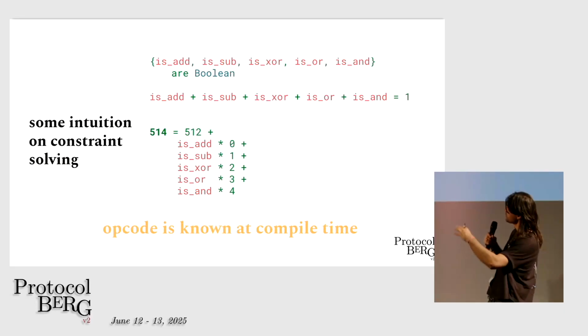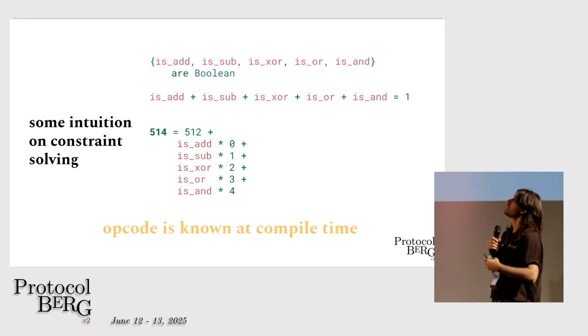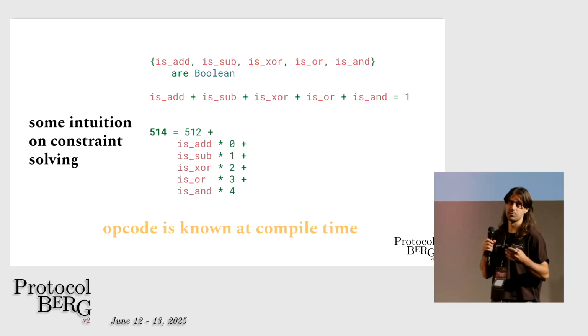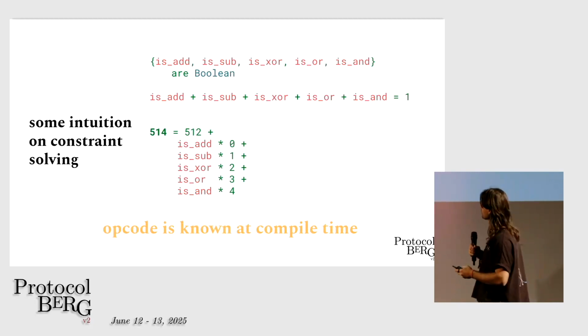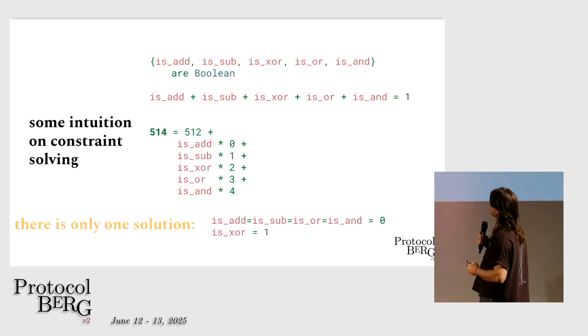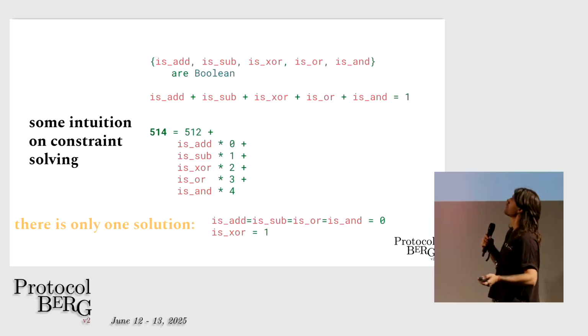So 2 equals the rest of the thing. Because of the multiplication by the constants, there's only one option that fits this, which is XOR must be 1, the other variables must be 0. That is literally the only way you can satisfy this constraint. The constraint has to be satisfiable, otherwise the zk proof will not go through. And this is the solution we end up with.